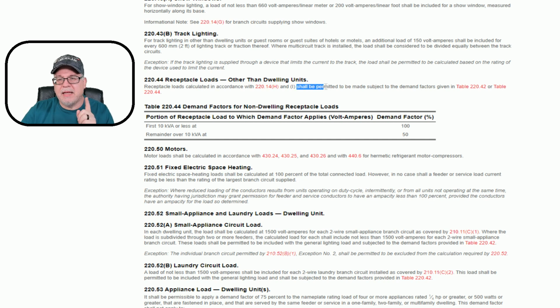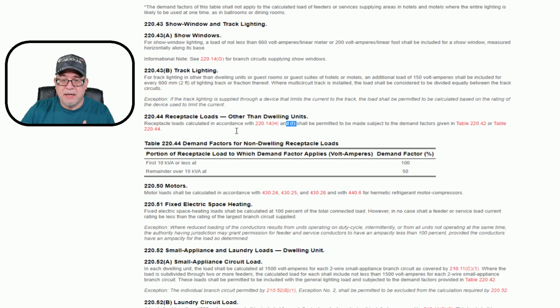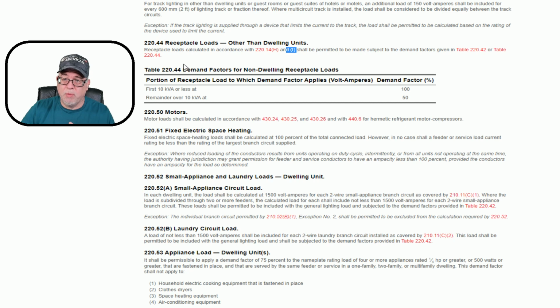Shall be permitted to be made subject to the demand factors given in Table 220.42 or 220.44. Okay, so in our case here, we're going to be applying 220.44, because 220.42, just so you can see here, is not one that covers what we're working with in our manufacturer's building. So we're not going to use 220.42, but we are going to use 220.44.